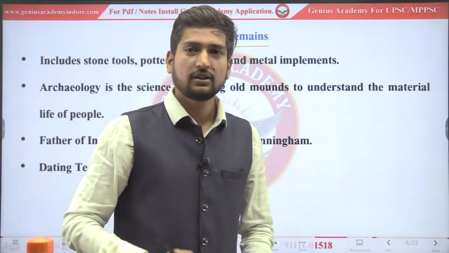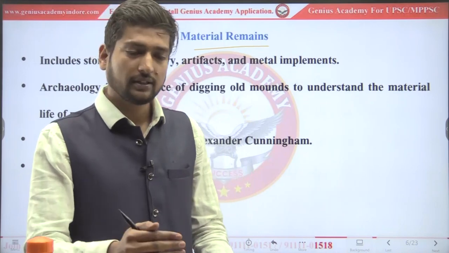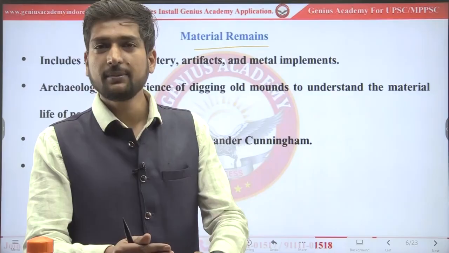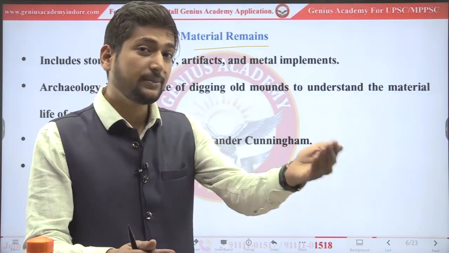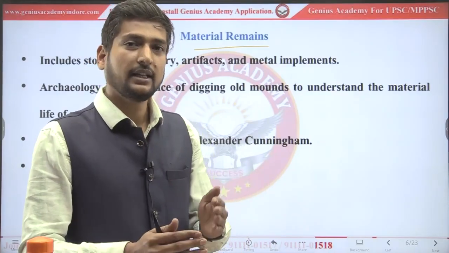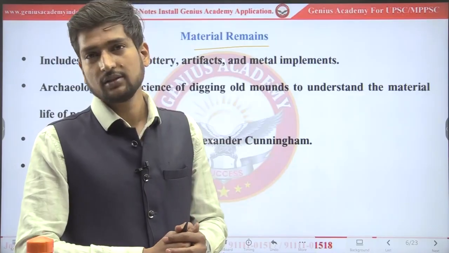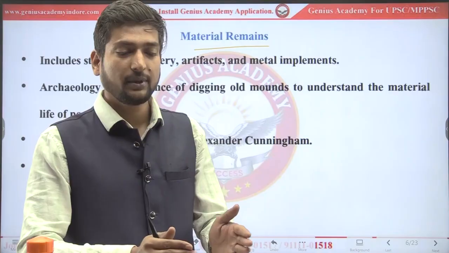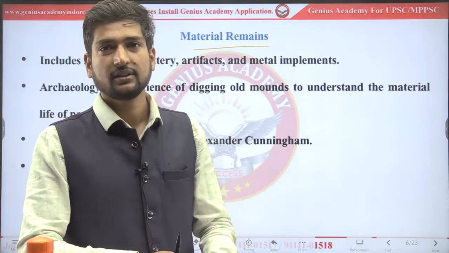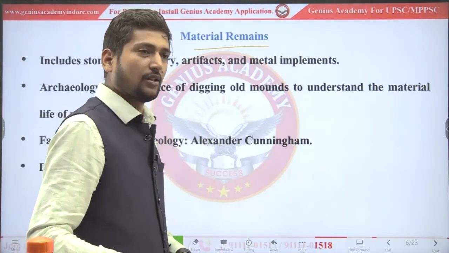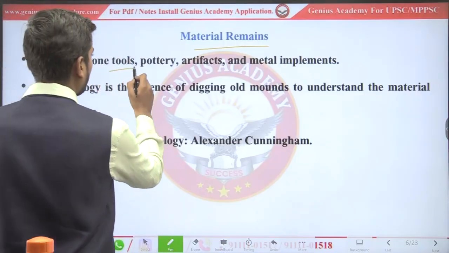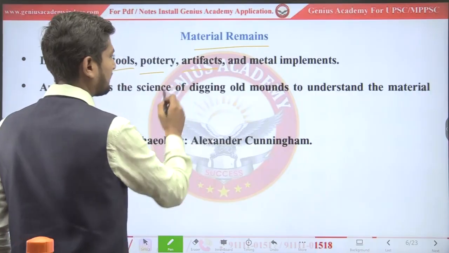How will we know about that if we get any remains? How can we know that this remain is particularly related to which period of time? There is a technique, radiocarbon dating. Through that we can identify which date this particular item belongs to. Using that, we can know the date of tools, pottery, artifacts.